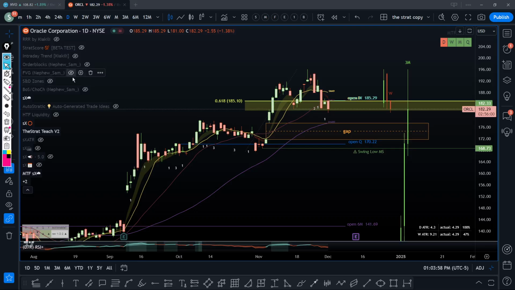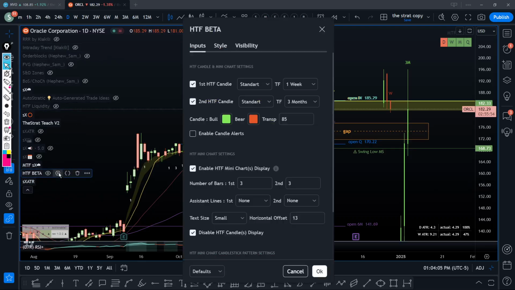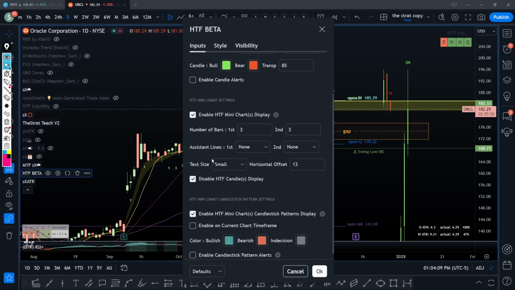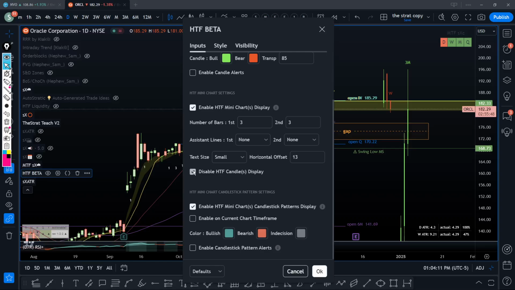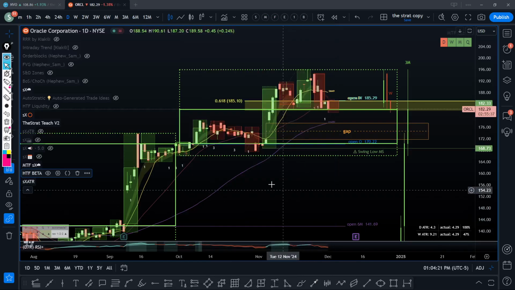Let me take some of these things off because I can't even see it. So it's showing you weeks worth of candles with the overlay that it has there.